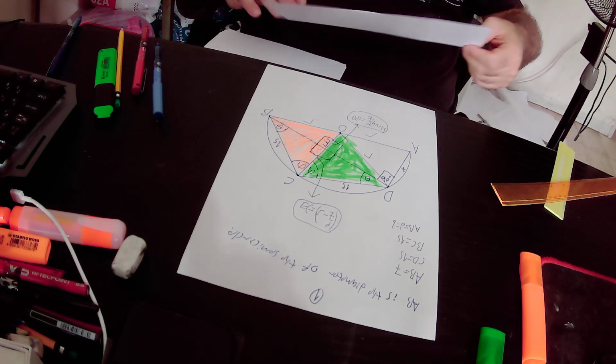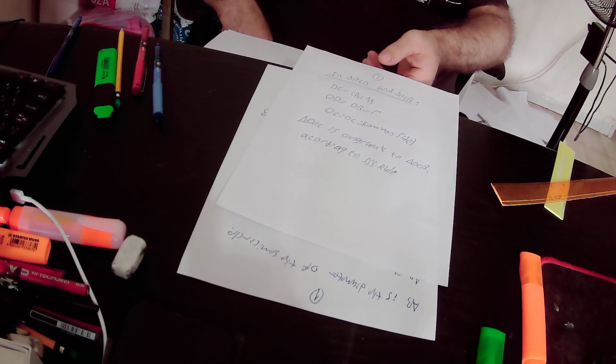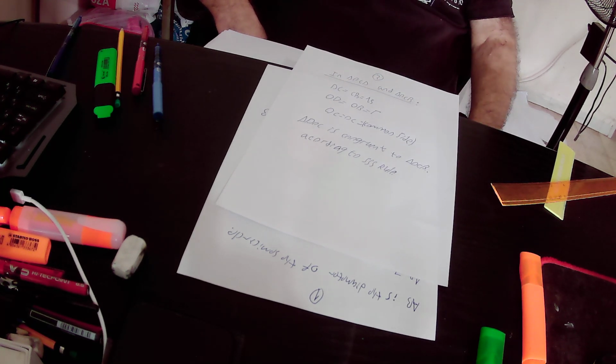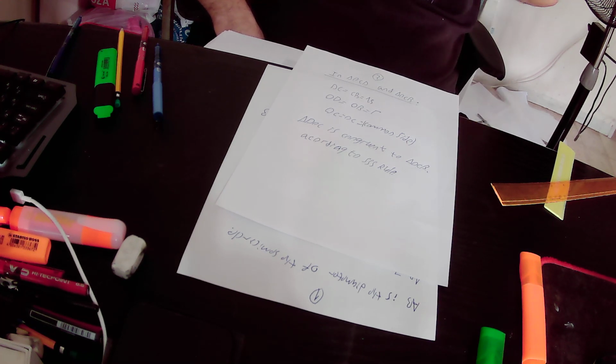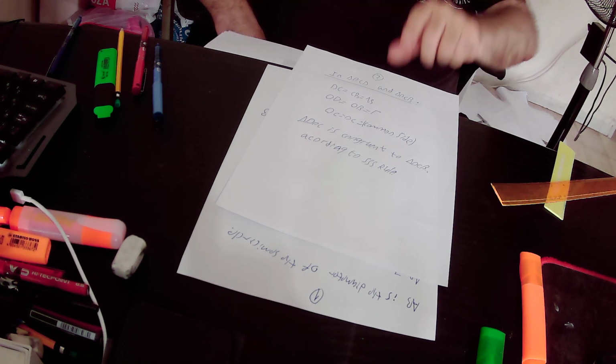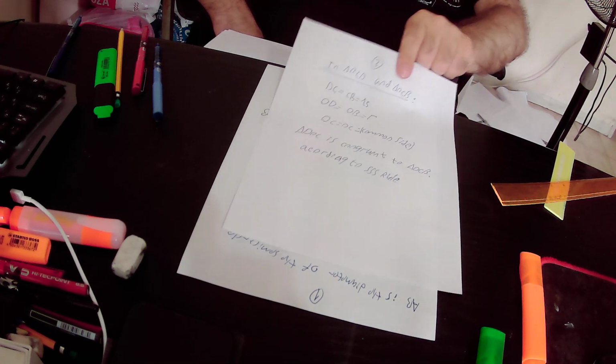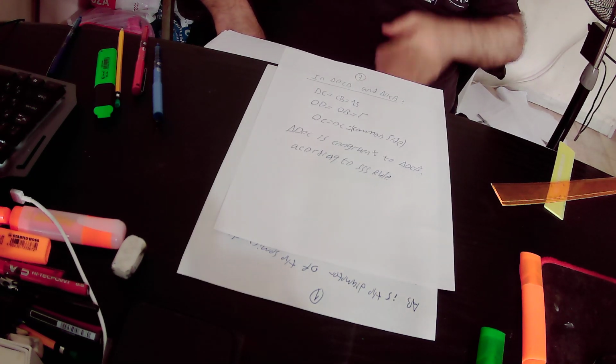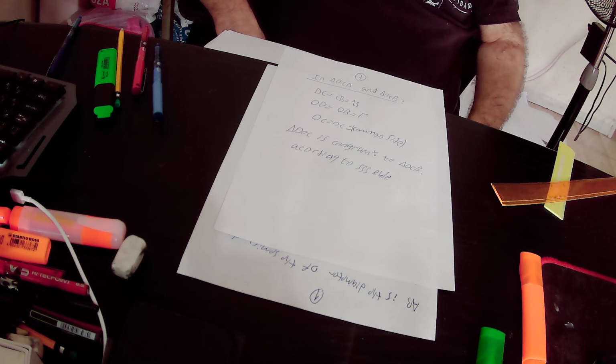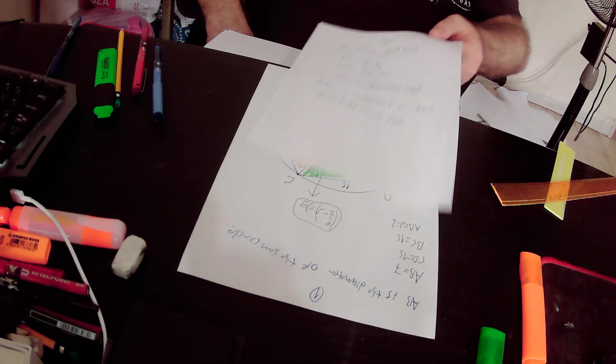One can also say that the green triangle, triangle DOC, is congruent to the orange triangle, triangle OCB, according to the side rule. The side rule states that if all the sides of one triangle are equal to all the sides of another triangle, then those two triangles are congruent.